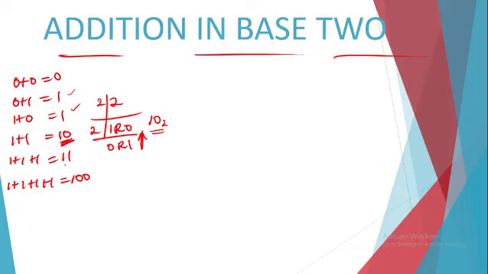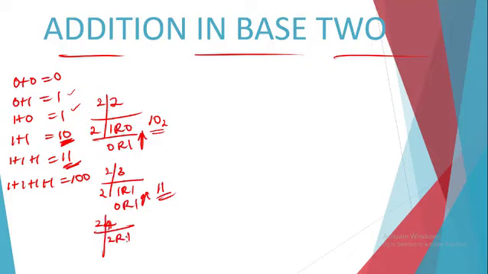Then for 3, 11 is 3. This is 3 divided by 2, 1 remainder 1, and 1 divided by 2 gives us 0 remainder 1. Pick your answer, and we have 11. For 4, we have 4 divided by 2 to give us 2 remainder 0.